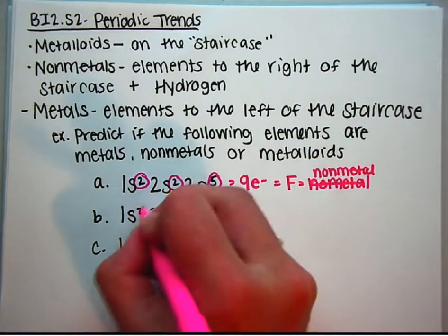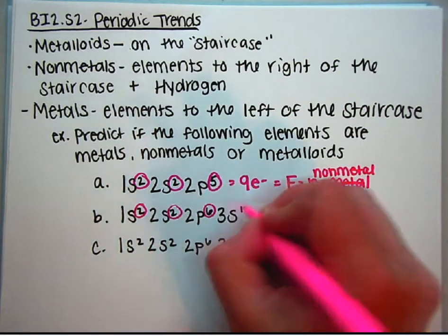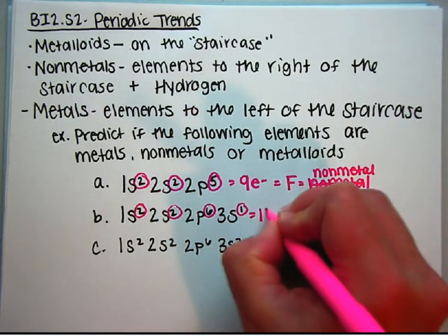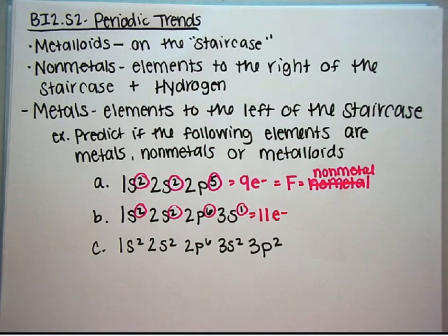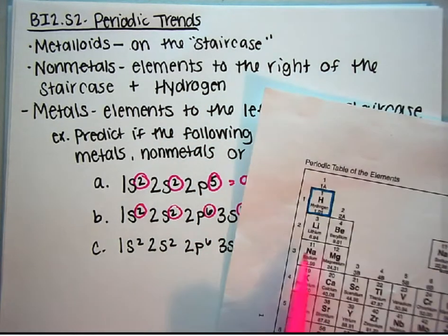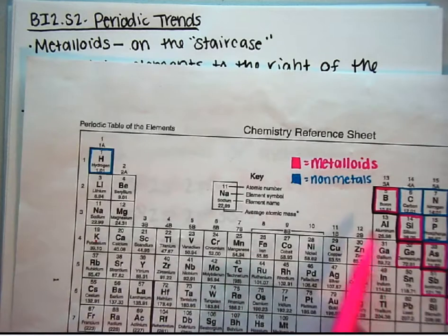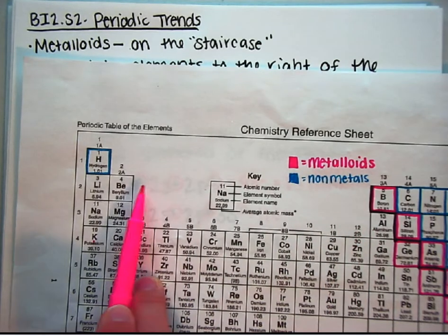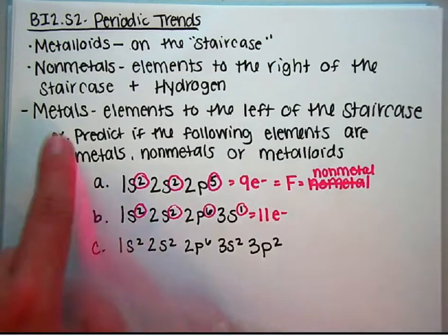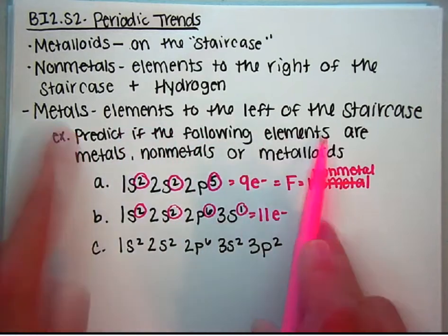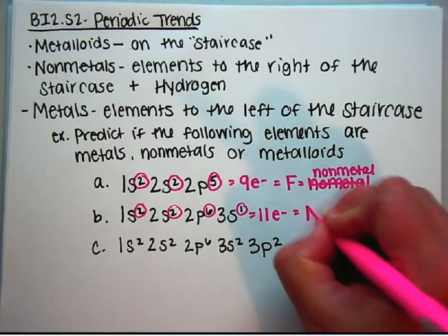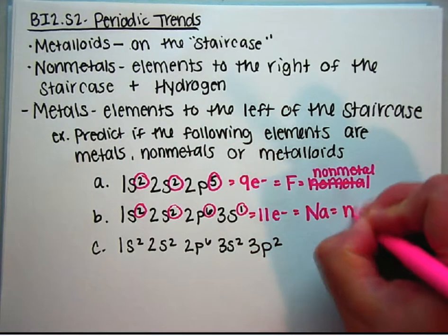B, 2, 4, 10, 11. An atom with 11 electrons would be sodium. Sodium is to the left of the staircase. Metals are found to the left of the staircase. So B would be a metal.